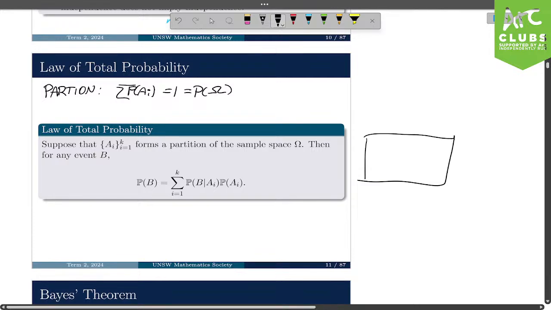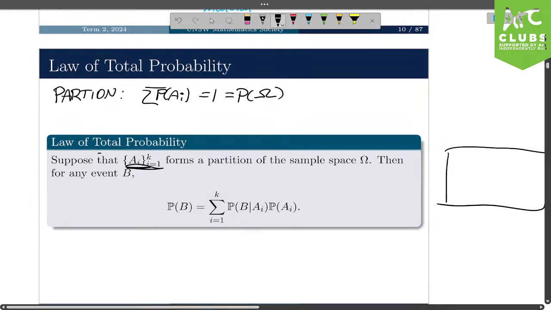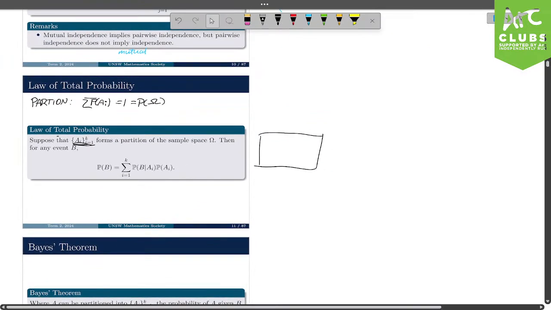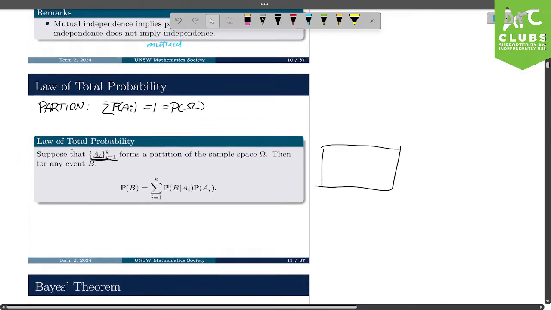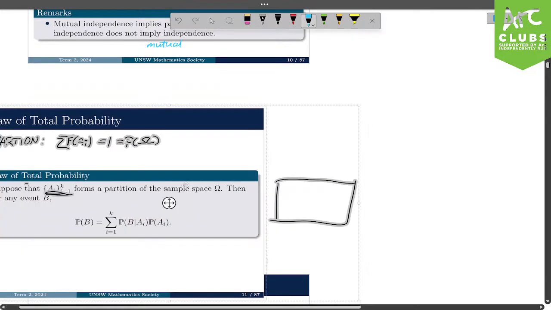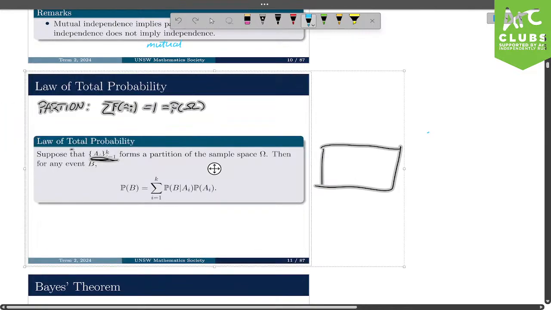Then we say that the set of events A_i forms a partition on the sample space. And for any event B, we have this formula.